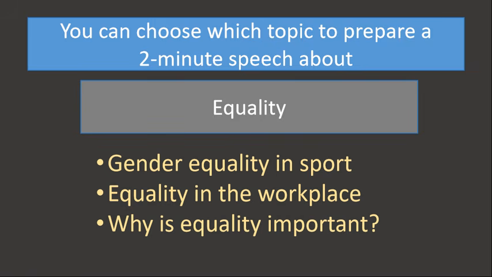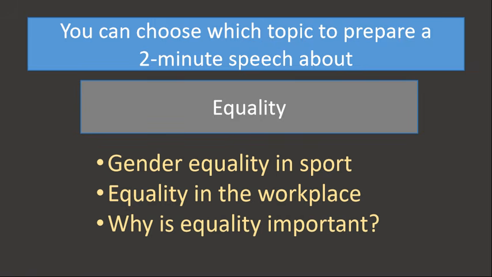You might choose to focus on race or religion or age discrimination, perhaps, as well as gender. Maybe even equality on people who have English as a first language compared with people who have English as a second language. Does that mean they can't do the job as well? Not necessarily.